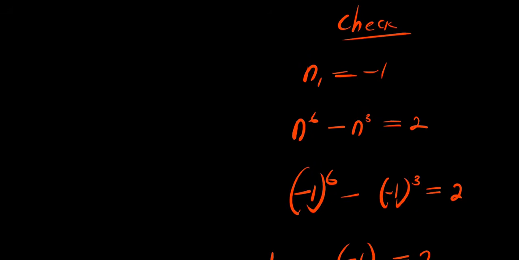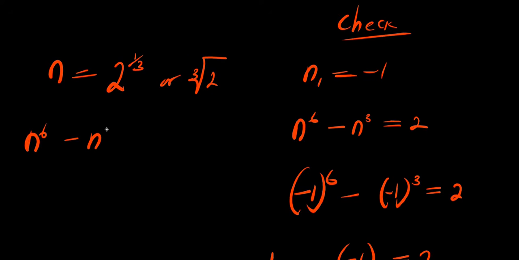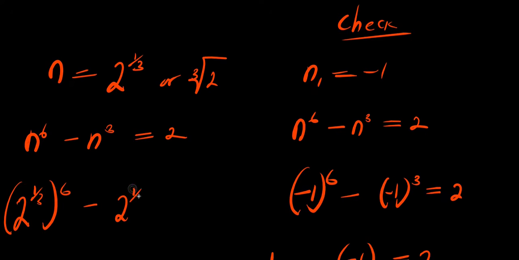You can also test when n is 2 power 1 over 3, or the cube root of 2. The equation remains n power 6 minus n power 3 equals 2. Insert this for n here. You have 2 power 1 over 3 raised to the power of 6 minus 2 power 1 over 3 raised to the power of 3 equals 2.